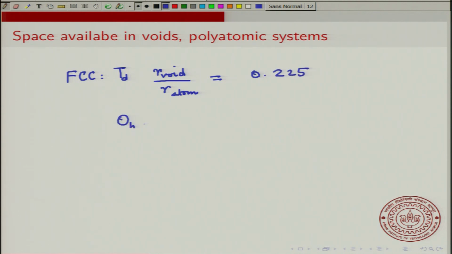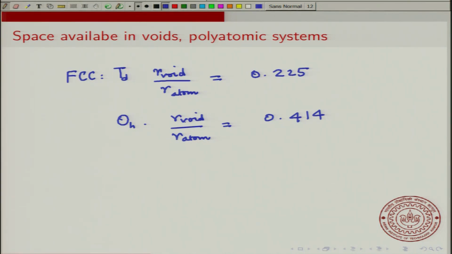For the octahedral void, R void divided by R atom was 0.414. So it seems to suggest that if you had an FCC lattice and a different, much smaller atom whose size was 0.225 that of the FCC atom, then it would fit into the tetrahedral void. Similarly, if it was 0.414 times the size of the FCC atom, it would fit into the octahedral void.